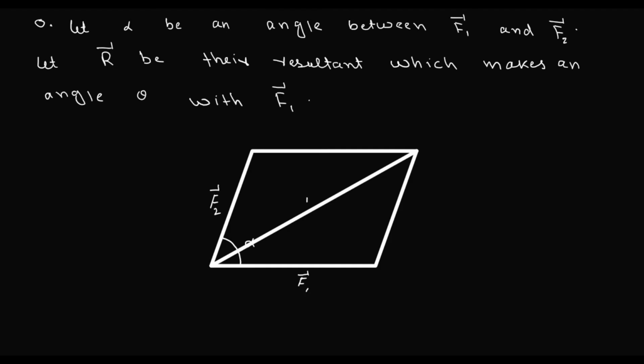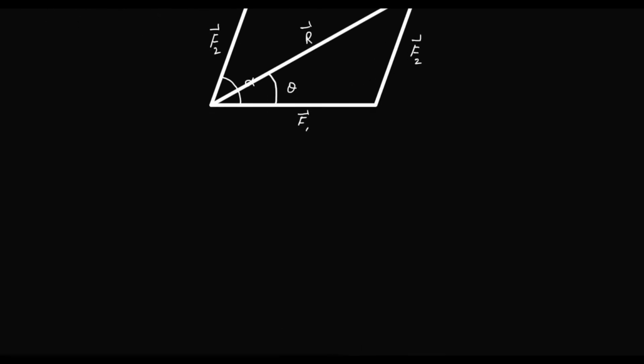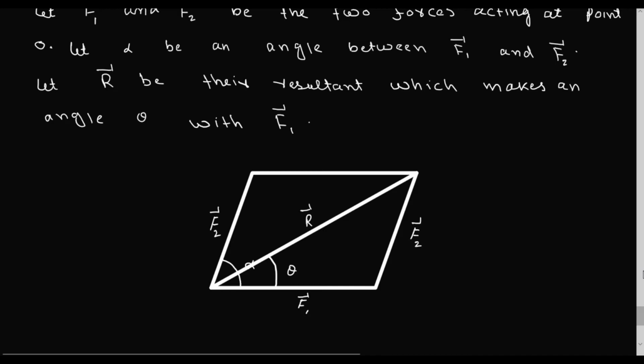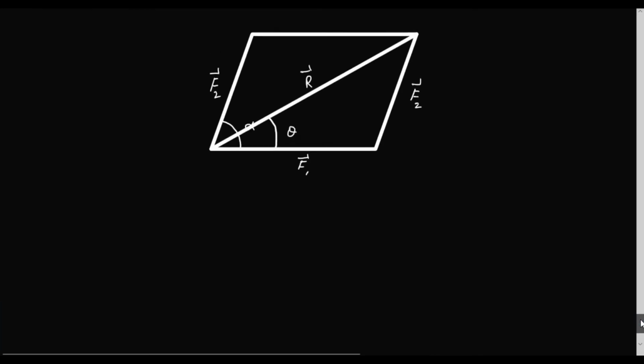Let this line be the resultant line, the resultant of the two forces F1 and F2. So alpha is the angle between F1 and F2, and theta is the angle between the resultant and the force F1.